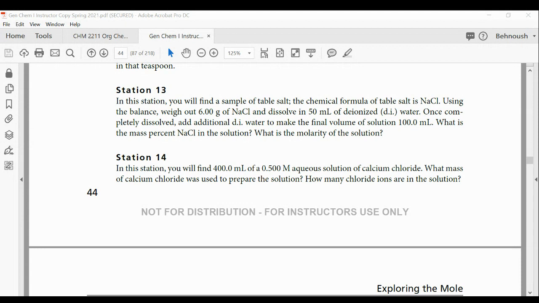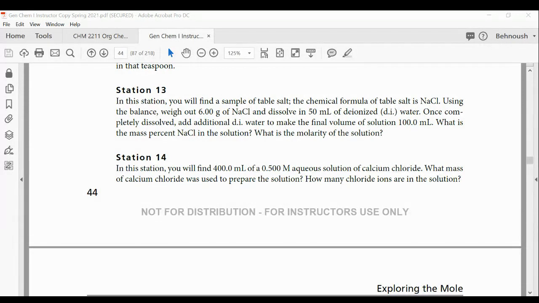And then volume is 100 milliliters. You multiply by 1 liter over 1,000 milliliters if you're using dimensional analysis. But you have 2 steps. First you change the grams of NaCl to moles of NaCl.